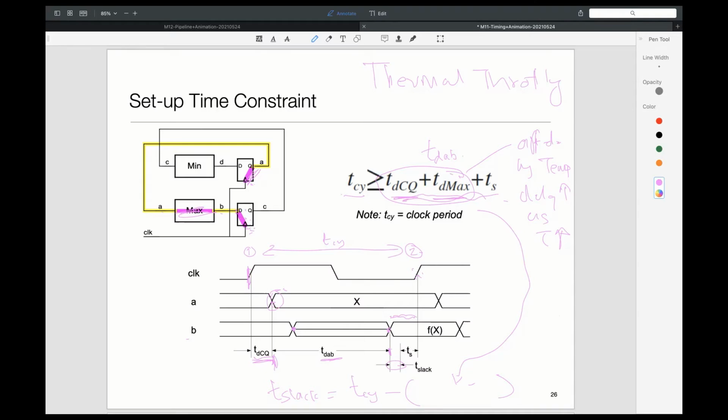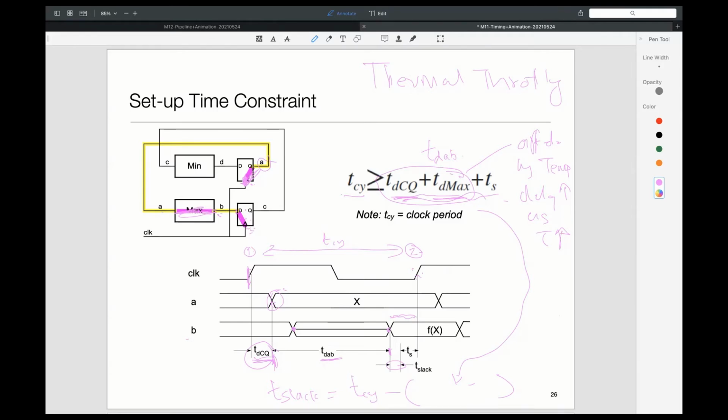So let's say we start looking at clock edge 1 coming at the upper flip-flop. Edge 1 is coming at both, but we are looking at its effect on the upper flip-flop. Then TDCQ after that, A will become stable. Then TD max after that, B will become stable. That's the worst case spec.